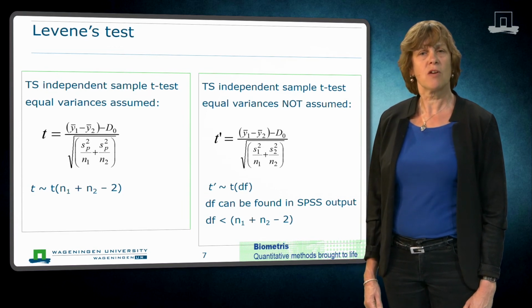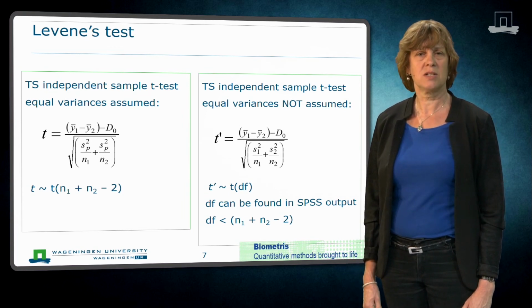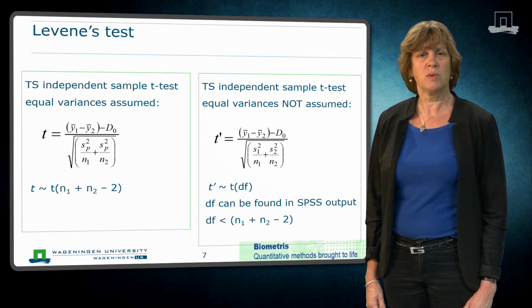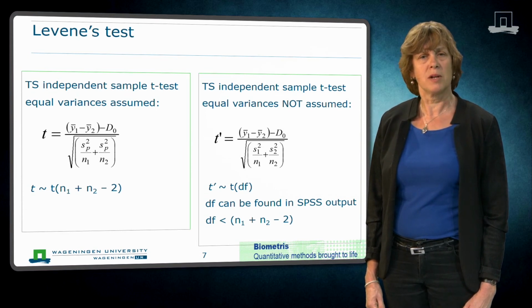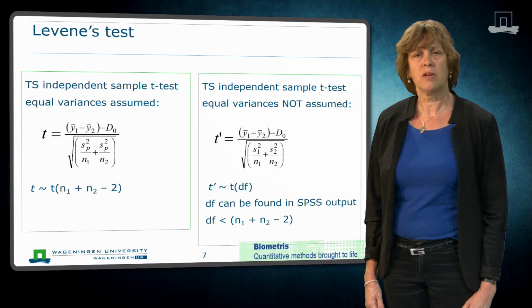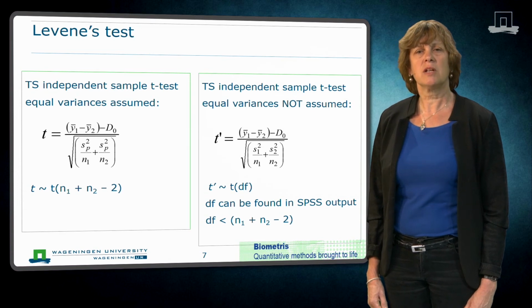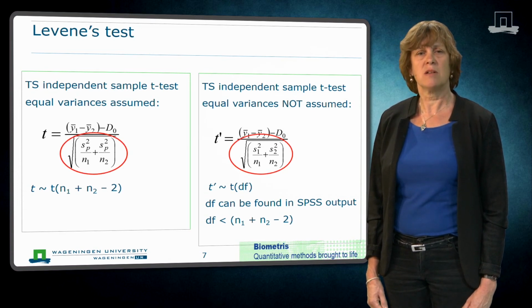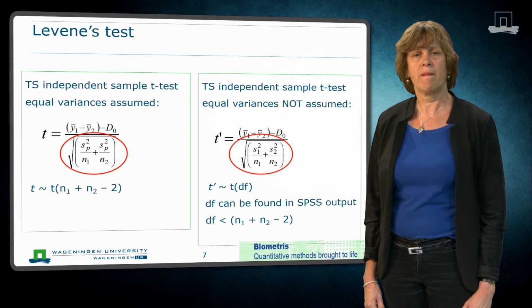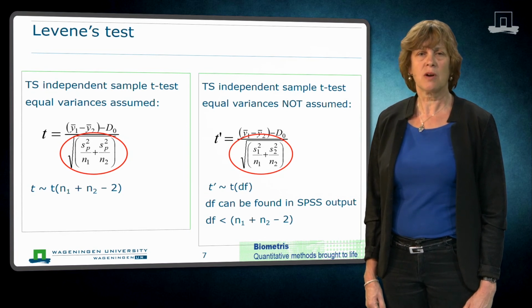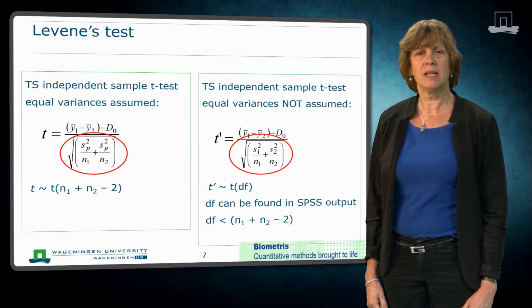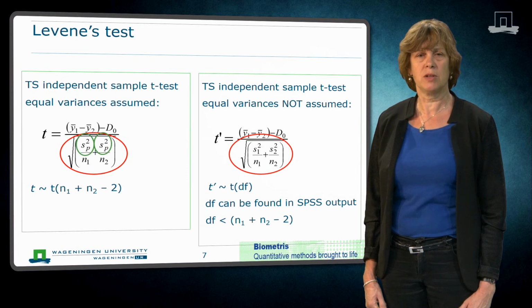The numerators of both test statistics are the same: the difference between the sample means, y bar 1 minus y bar 2, minus the value of the difference under the null hypothesis, d null, which is often 0. However, the standard errors in the denominators differ from each other. When equal variances are assumed, the standard error is calculated with the pooled variance.